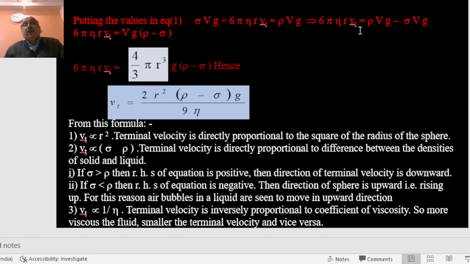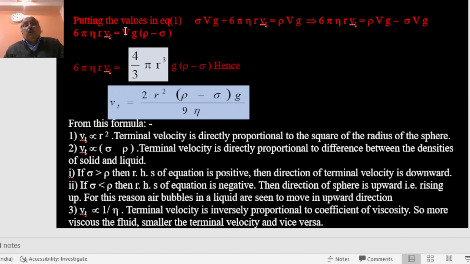So 6 pi eta r vt is equal to rho Vg minus sigma Vg. We may take common Vg. So 6 pi eta r vt is equal to Vg into (rho minus sigma).